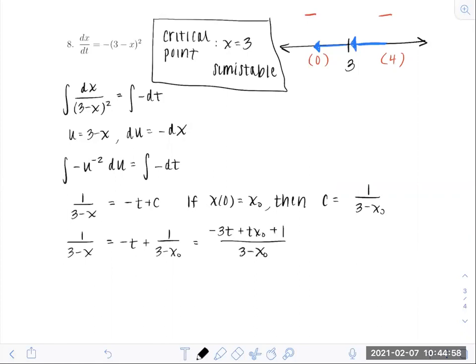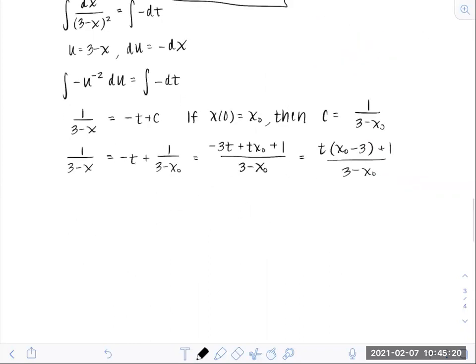All right, and then from here, I can reciprocate. Typically the book likes to factor out the t, so you can do that if you prefer. So that's t times x naught minus 3, plus 1. But again, that's optional. Okay, and so now let's go ahead and reciprocate.